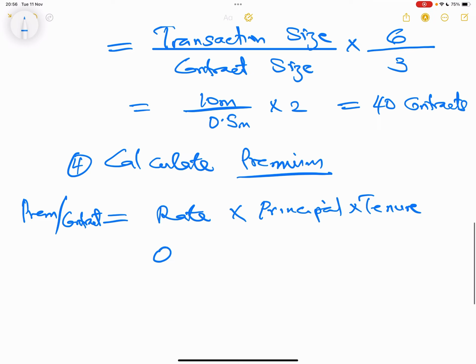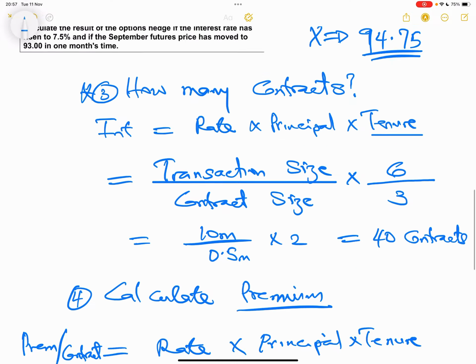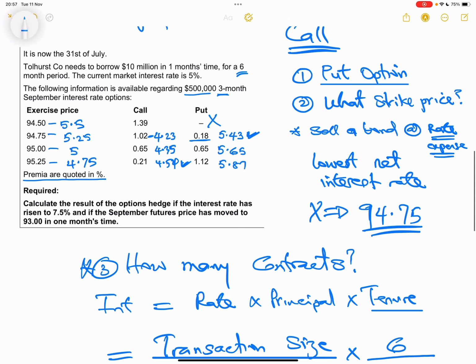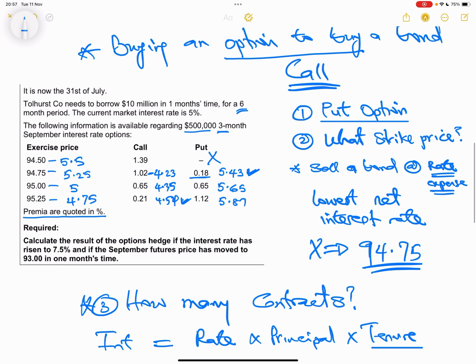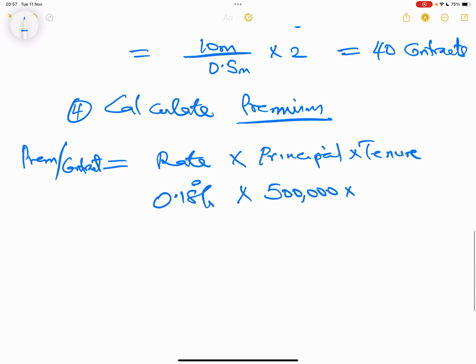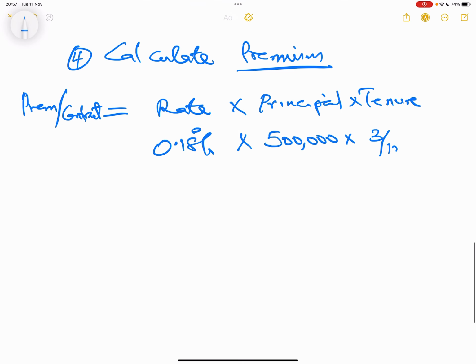Your rate is 0.18%. You know, rate is always annual. The principal of the contract is 500,000, so every contract has a principal of 500,000. So put that here. And this contract is for 3 months, they told us. So we need to annualize that, so 3 months makes it 3 divided by 12.